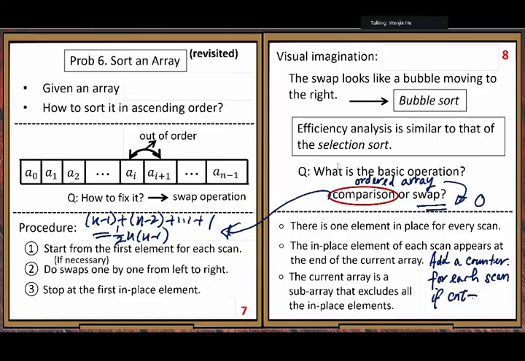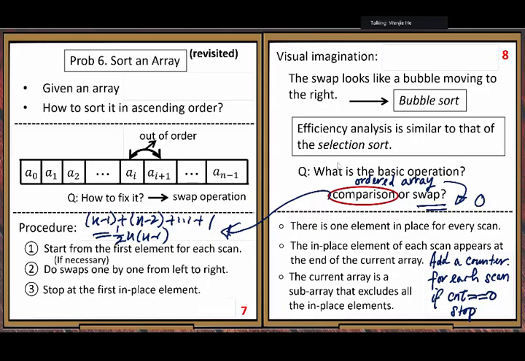If this CNT equals 0, then you stop. Equals 0 means no swap. So at the end of each scan you check it, not in the middle. If it equals 0, the whole array is already sorted, because for the whole scan from beginning to end no swap was needed.